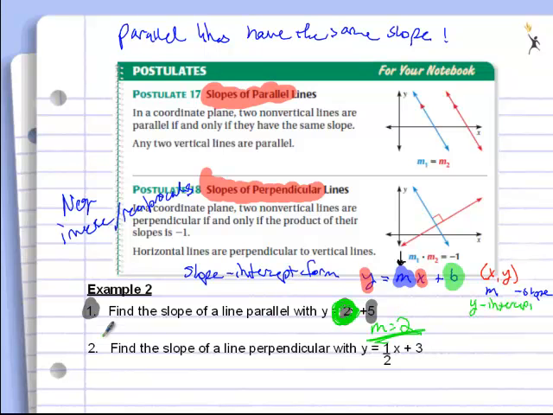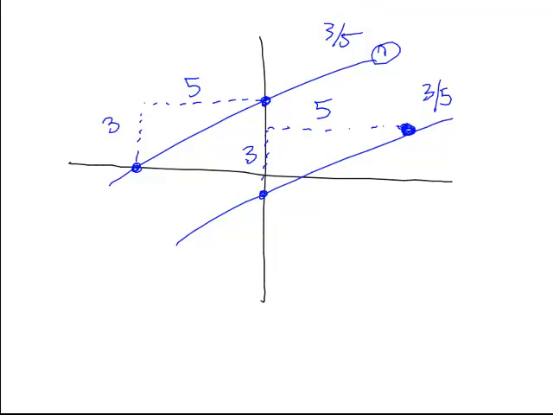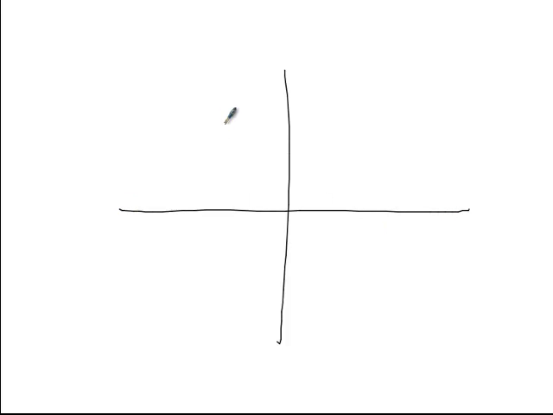On the other hand, if we look at number 2, we're told to find the slope of a line perpendicular with it. Again, it's in slope-intercept form, and so the first thing I can see is the slope of this line is -1/2. A perpendicular line should be the exact opposite.